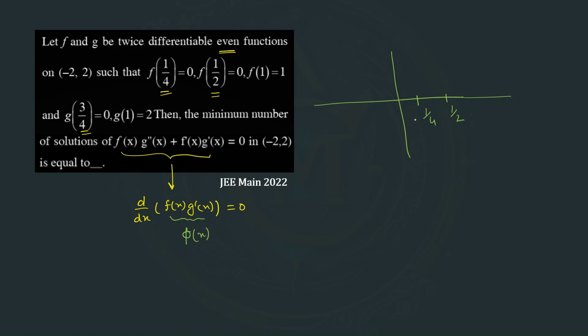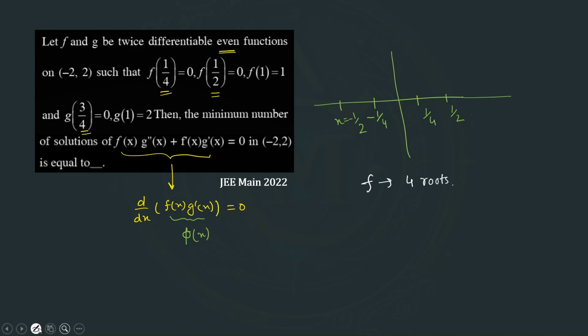As f is even, that means at x equal to minus 1 by 4 and at x equal to minus half, this function should also attain the 0 value, which means the number of real roots of this function is at least 4. So we can say that this function f has at least 4 roots.